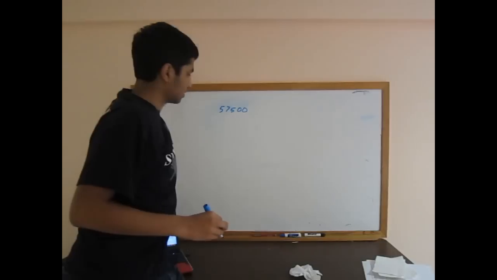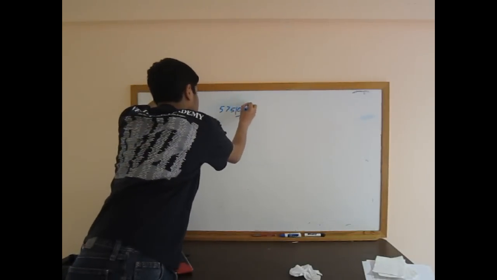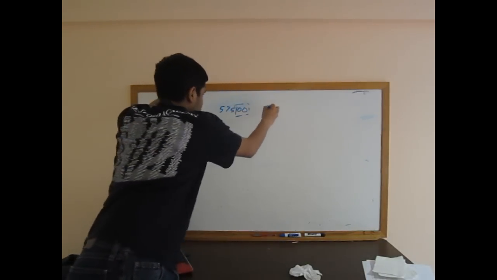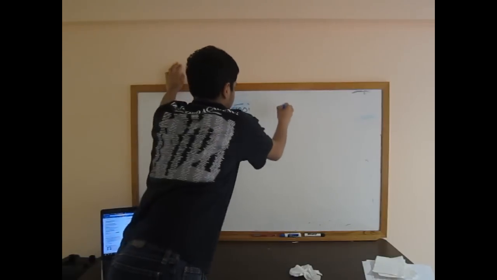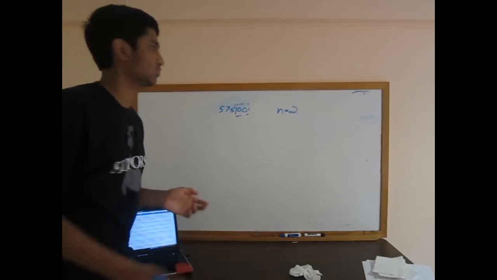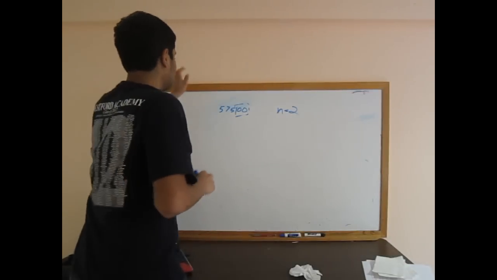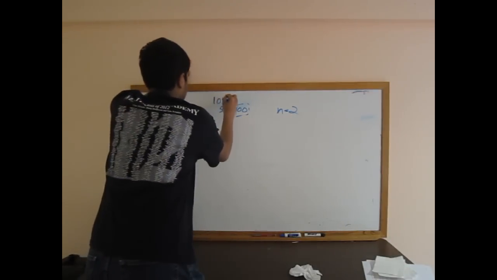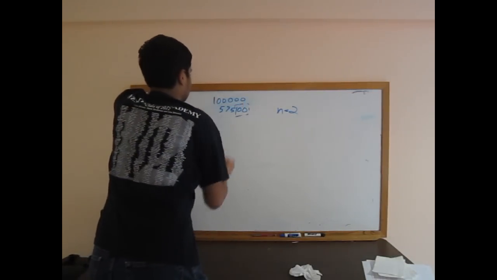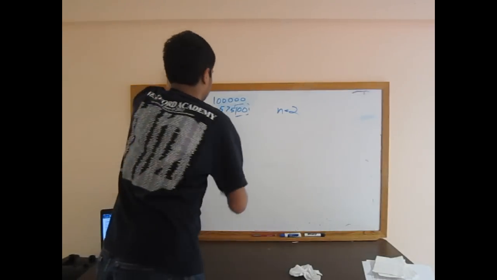You count the number of trailing zeros. You've got 2 of them. So let's assign a variable to it: N equals 2. N is the number of trailing zeros. Now, the next largest power of 10 is 100,000.